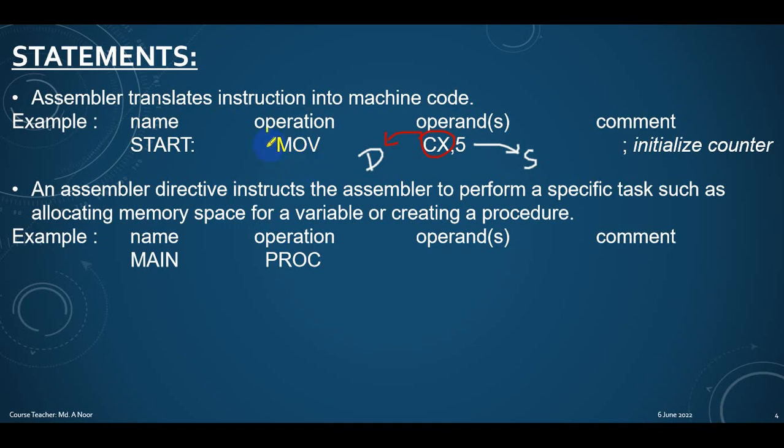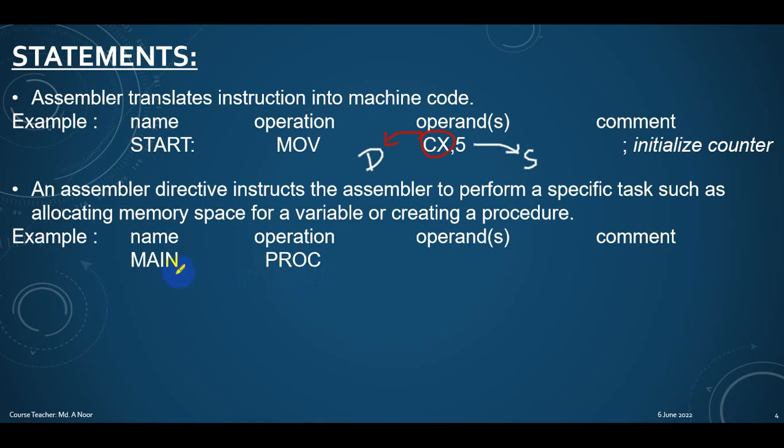But proc is not a main instruction. Proc is a direction to the assembler. Inside the proc, we write our main instructions. There are several types of pseudo-ops we use when we write assembly language programs. This is one type of pseudo operation that tells the assembler to define a procedure by the name main.